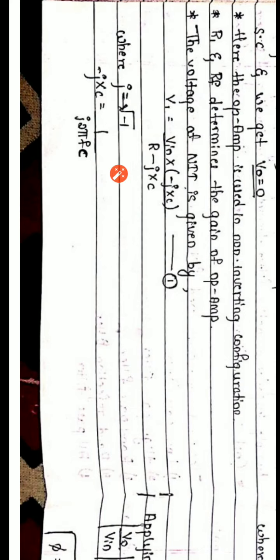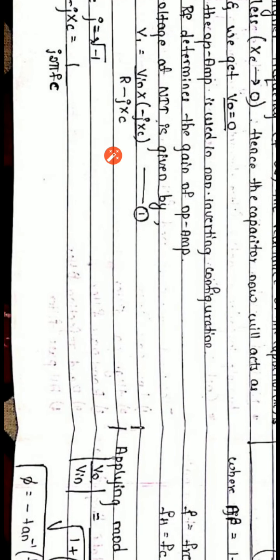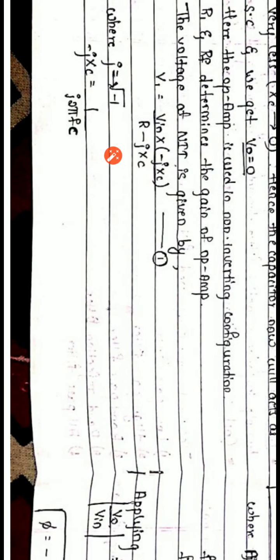Here minus jXc can be written as 1 divided by j 2 pi Fc, because Xc is 1 divided by 2 pi Fc, and minus j can be written as 1 by j. Now this expression can be replaced by substituting the value of minus jXc in this equation. That is written here.